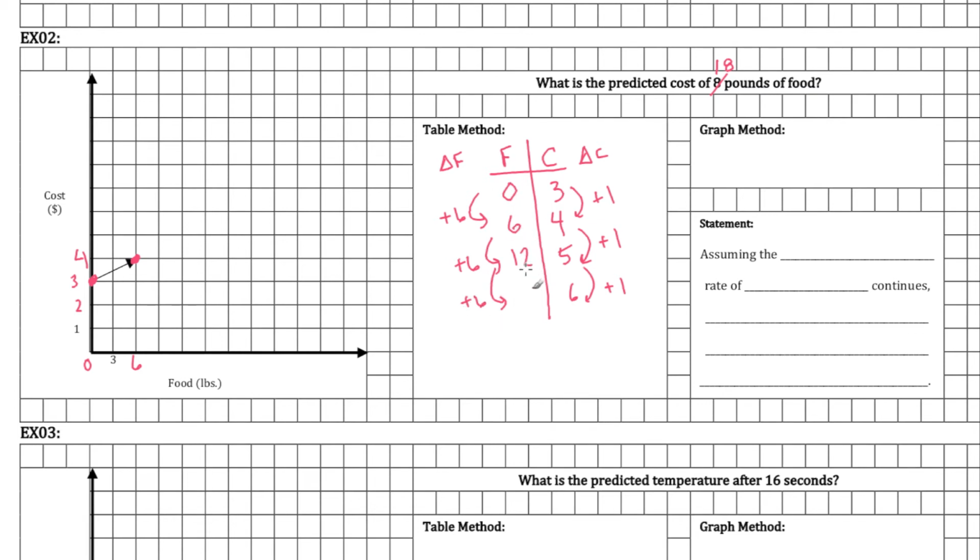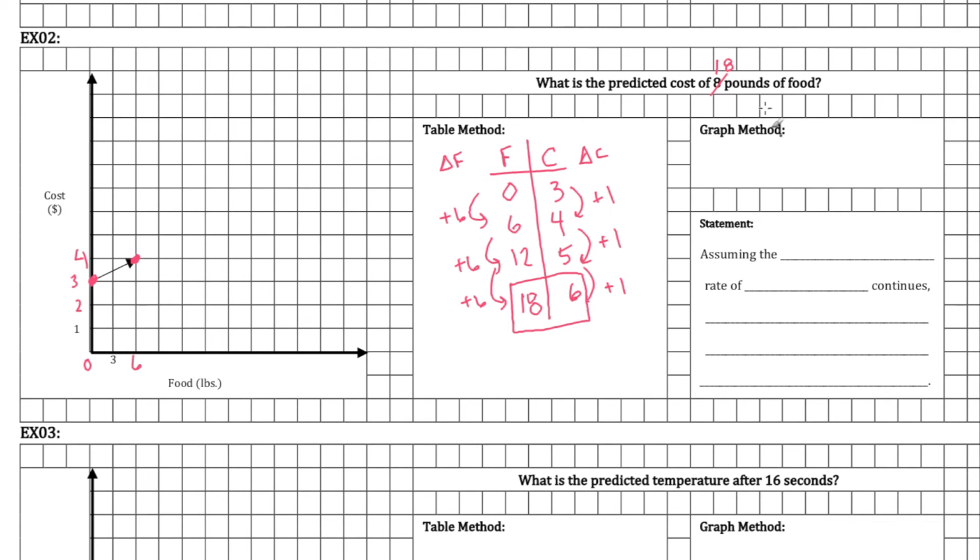So 0, 6, 12, 18. So that's 18 pounds of food. I'm going to box this one. And so we have our answer here.